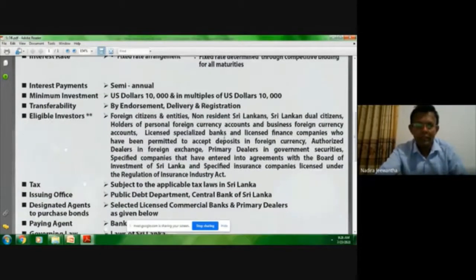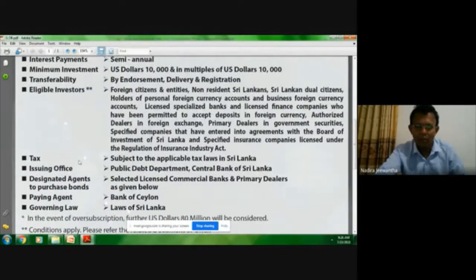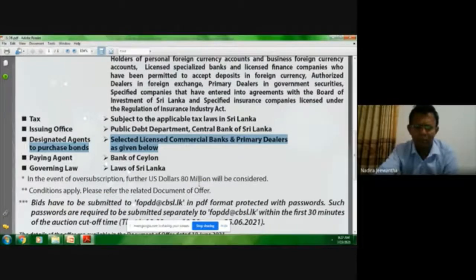So tax laws, there is no tax at the moment. Designated agents are selected commercial banks and primary dealers. These are the people.